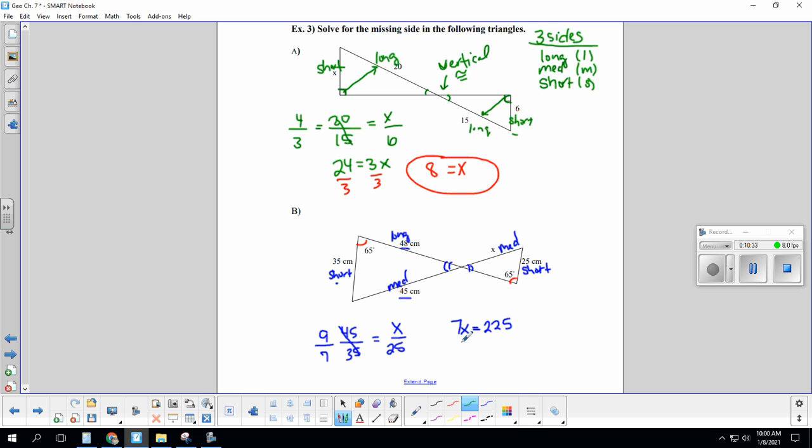And then we divide both sides by 7. And we get 32.1. And I'm going to change my equals to a squiggle because I'm going to round. And that would be centimeters. Okie dokie.